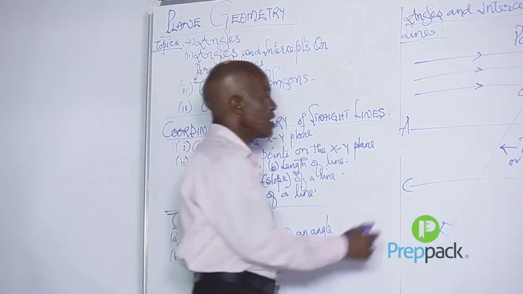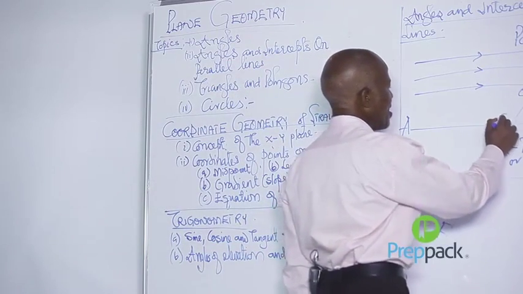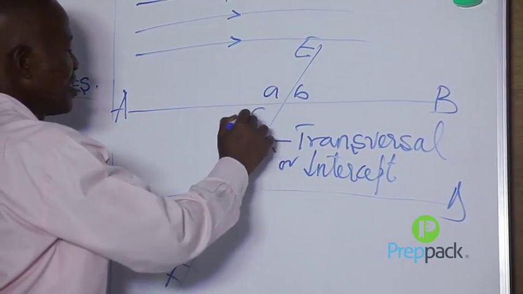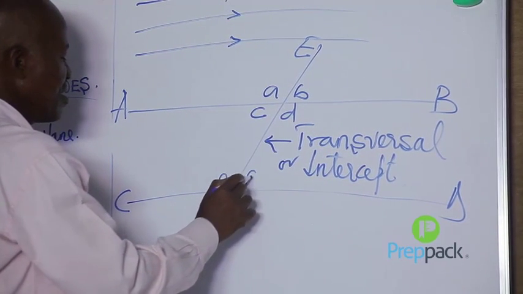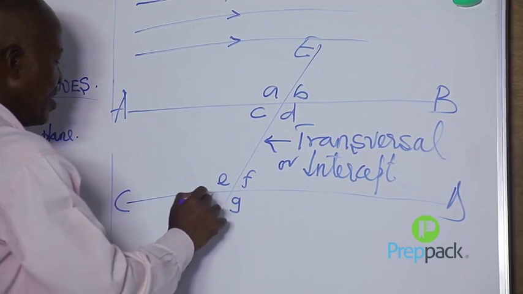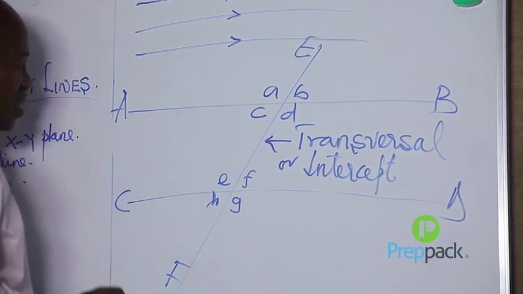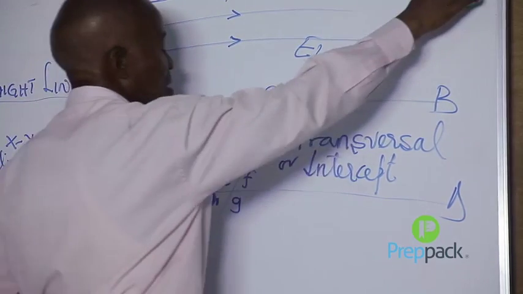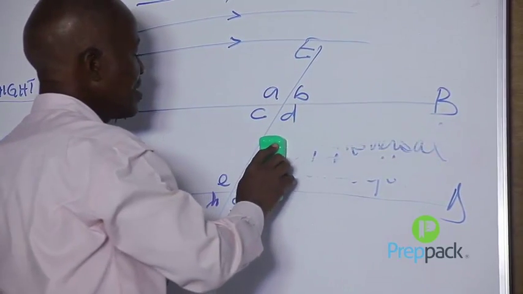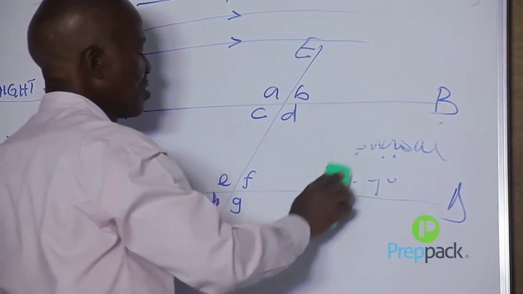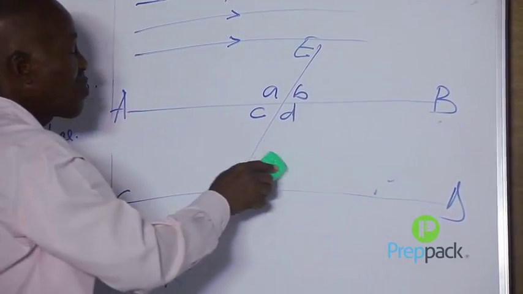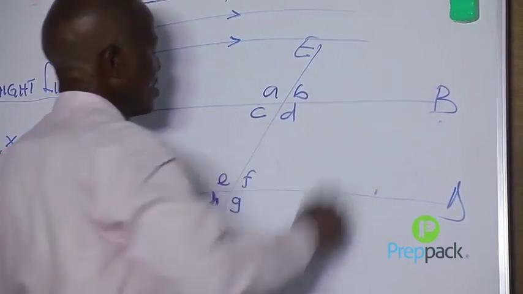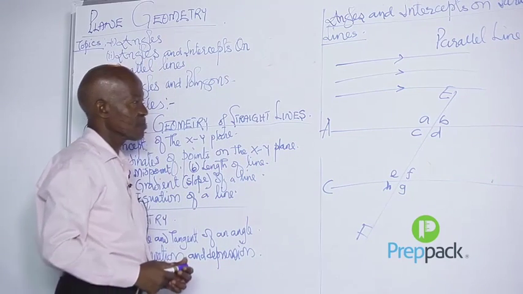Let's denote these angles as A, B, C, D, E, F, G, H. So we can still define some names of angles using these angles. How are they related to one another?